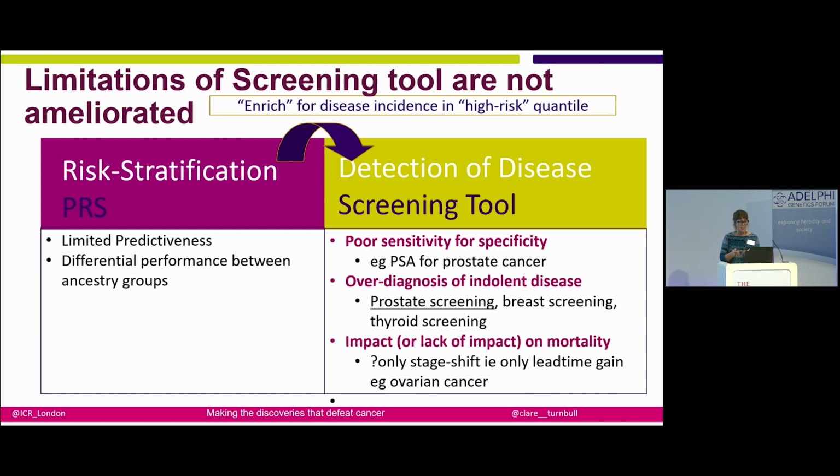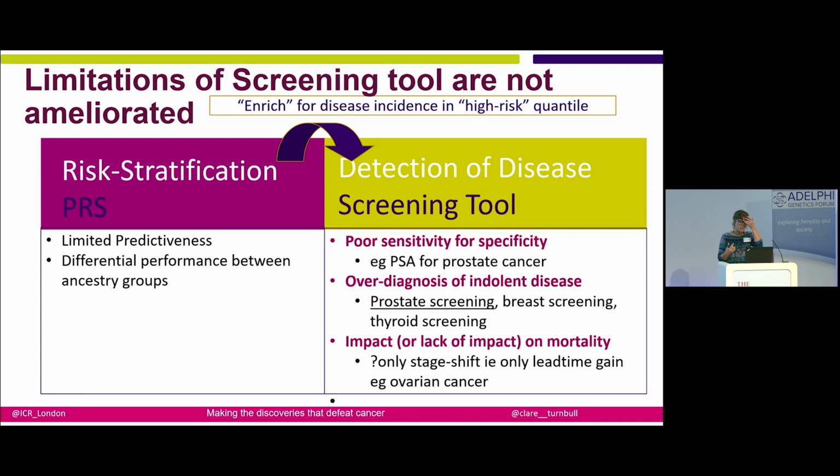So a lot of our screening tests are flawed, and there's a sort of rhetoric that somehow magically, if you take the polygenic risk score and bolt it onto a screening test, it will ameliorate the problems of the screening test, which is clearly, logically not true. So PSA, problematic screening test, quite poor sensitivity and specificity. Wherever you dial up or down, you get a lot of false positives or false negatives.